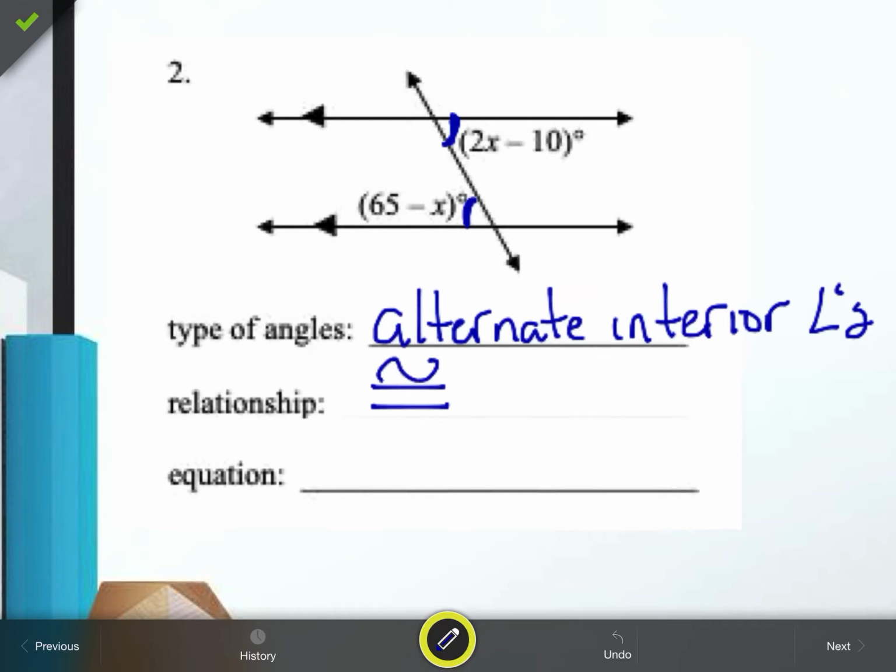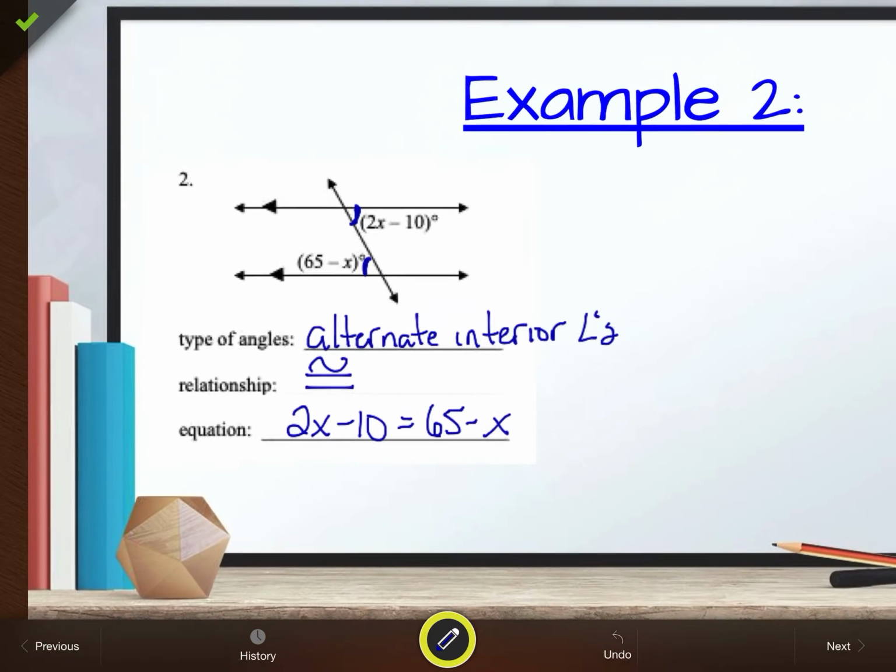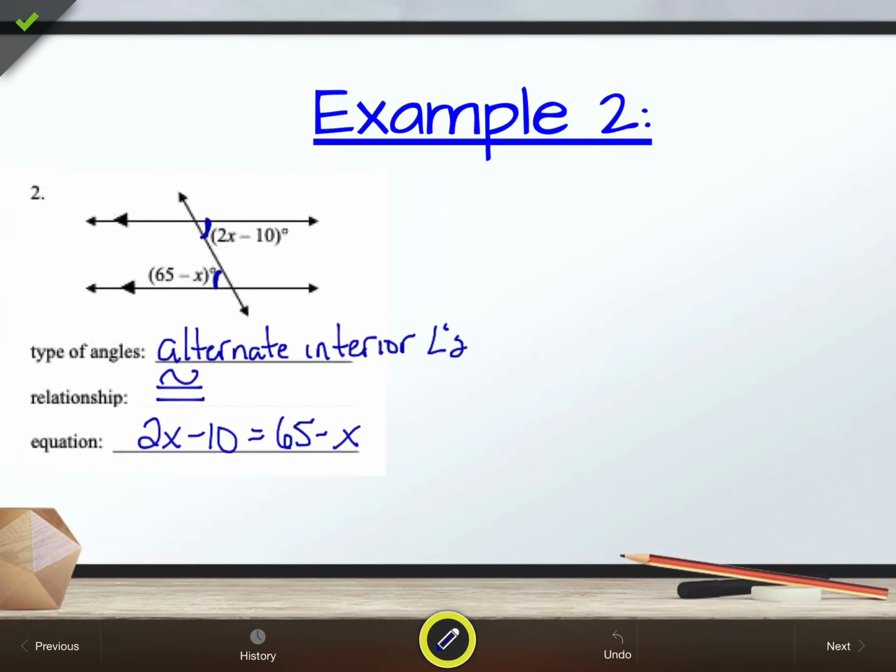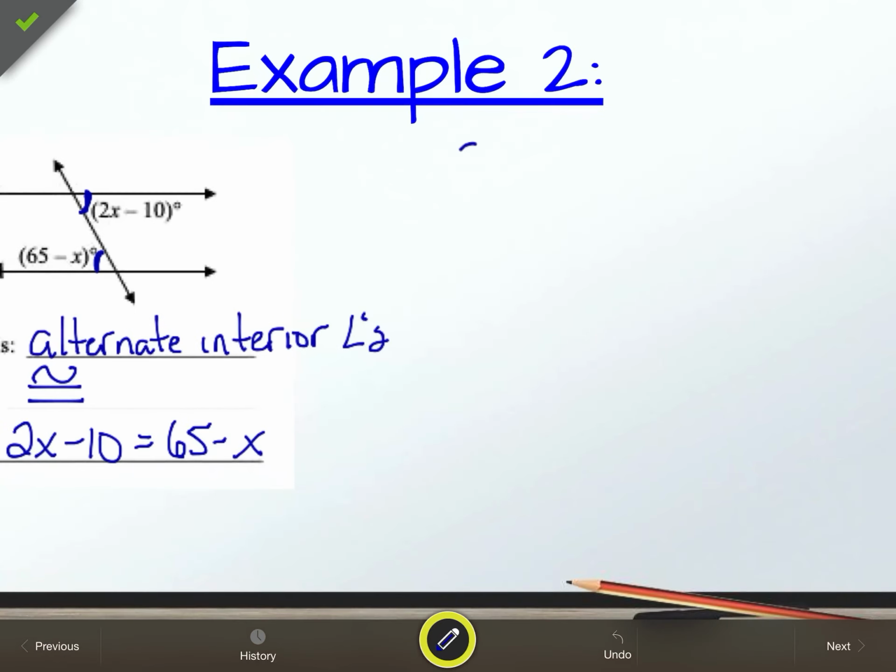So what would my equation be? Congruent means they have the same measure, which means they're equal. It doesn't matter which angle you start with. I'm going to say 2x minus 10 equals 65 minus x. Again, solve it. Plug it into Desmos, or solve it by hand.